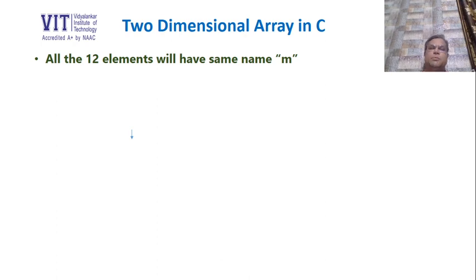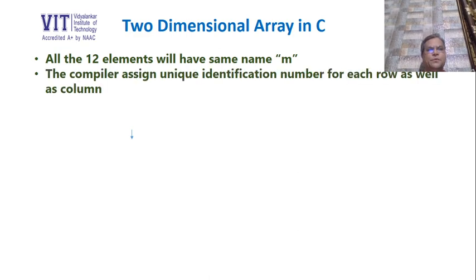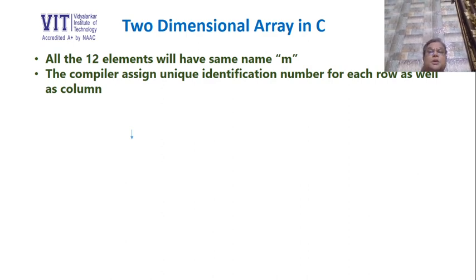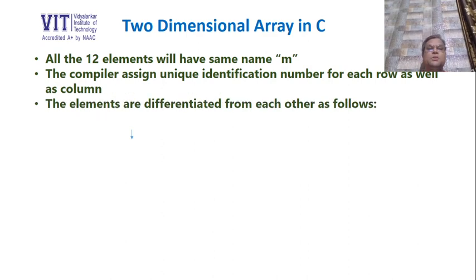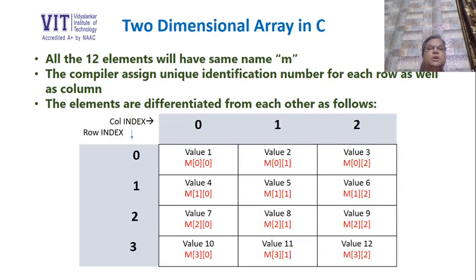There are 12 elements in this array, and all these 12 elements will have the same name, that is m. Then how to differentiate between them? The compiler assigns a unique identification number for each row as well as for each column as follows. So the elements will be differentiated from each other like this.